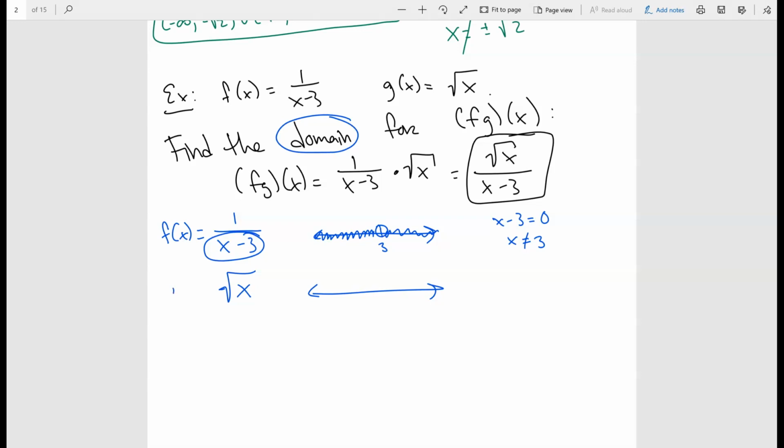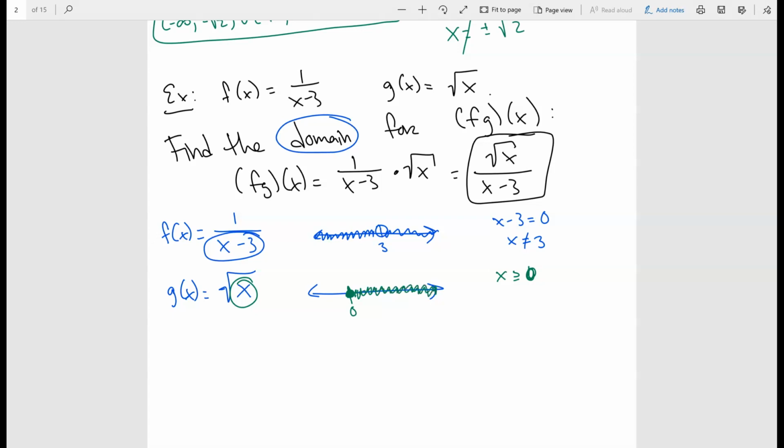Now we got to figure out the domain of g of x. Remember that for the domain of g of x, we have a square root, it's even. So we're going to take the radicand and set it greater than or equal to 0. Okay, so notice there's not really anything to solve. So here is 0. It's included, and it's everything that's positive or greater than that. So here is 0. Everything's over here.